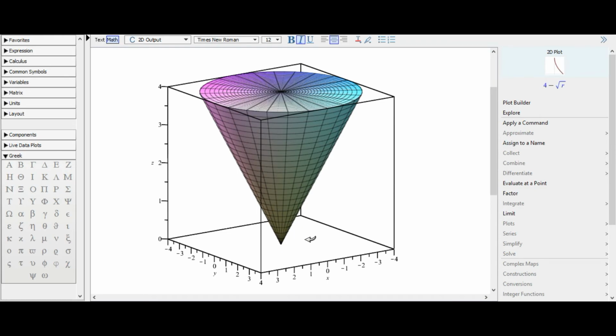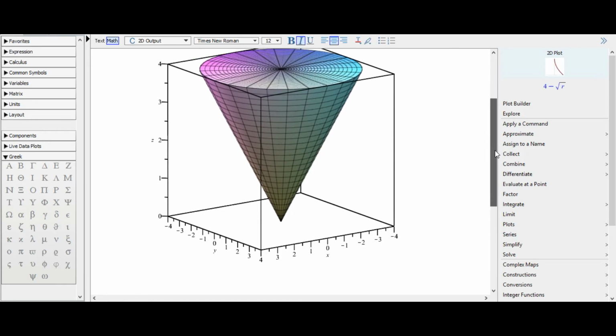The radius of the circular base is 4 units of length, while the vertex is at point x equal to 0, y equal to 0, and z equal to 0. The distance between the circular base and the vertex of the cone is the height of the cone, with a length of 4 units.